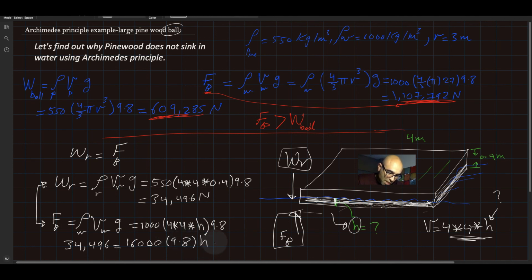The only unknown is h. With some calculations, you can find h is equal to 0.22 meters. So that's what h is, 0.22 meters, and that's how much of the raft will be submerged underwater. Okay, thank you very much.